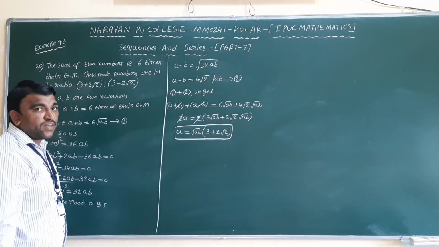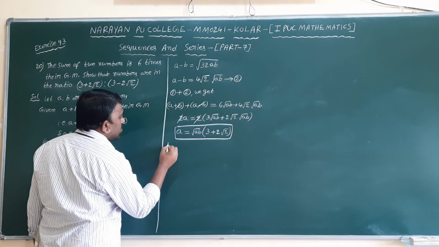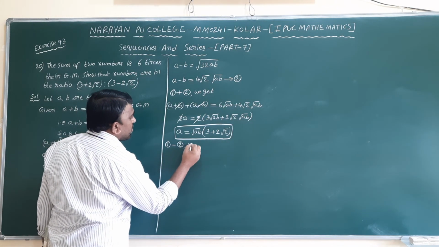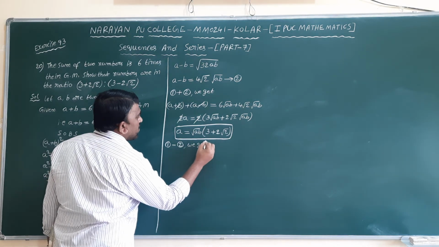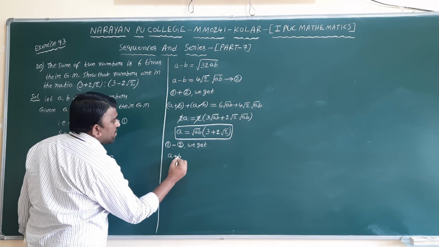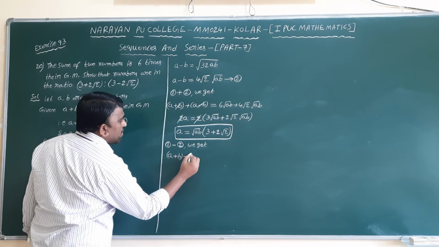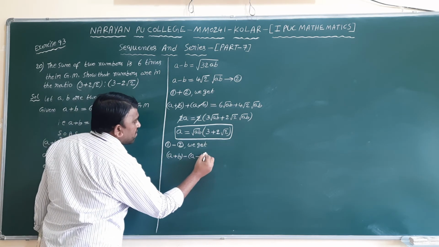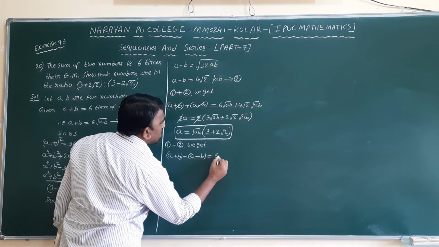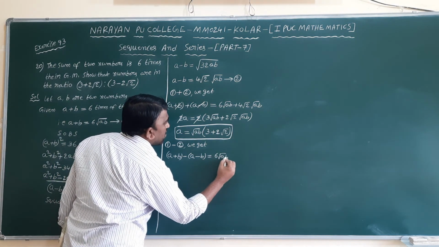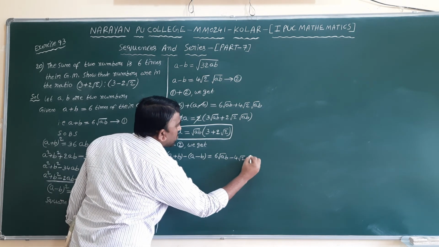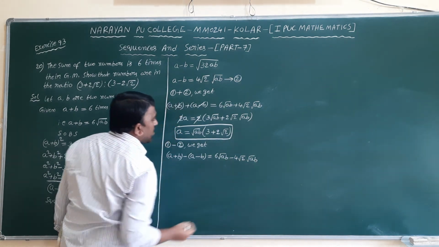Next, subtract 1 and 2. 1 minus 2, we get a plus b minus of a minus b is equal to 6 root ab minus 4 root 2 root ab.